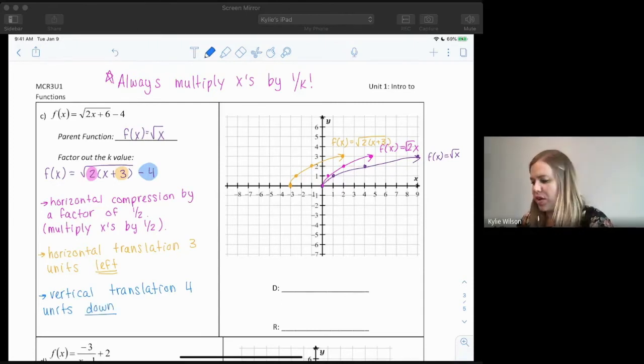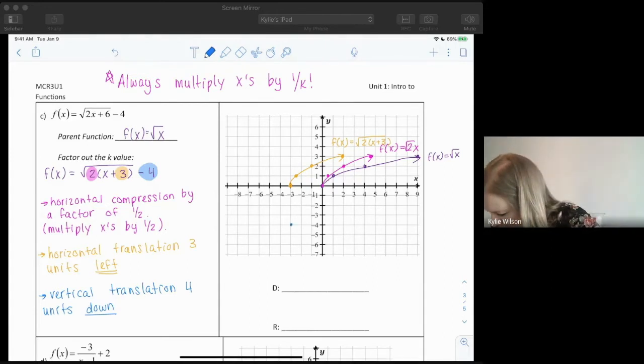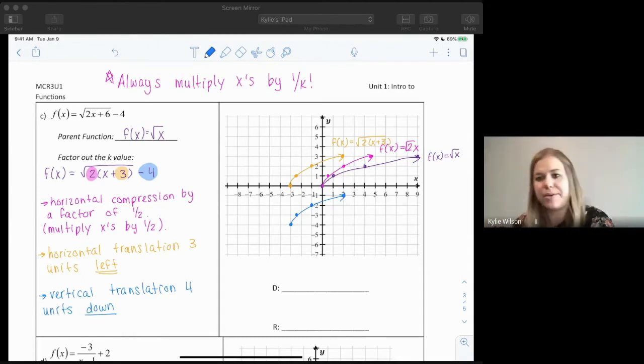So let's move all of those orange dots 4 units down. Oops. And there we go.